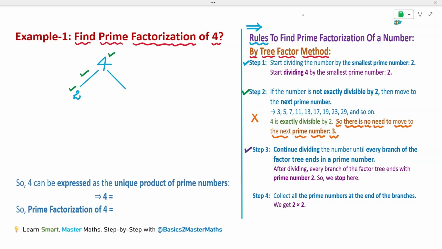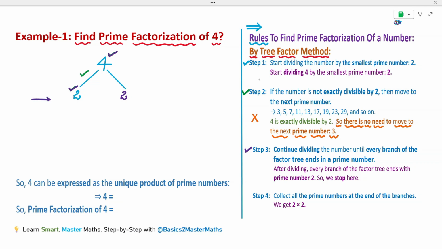Step 3. When we divide 4 by 2, we get 2 as the quotient.